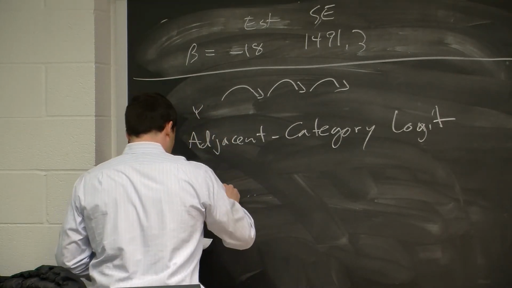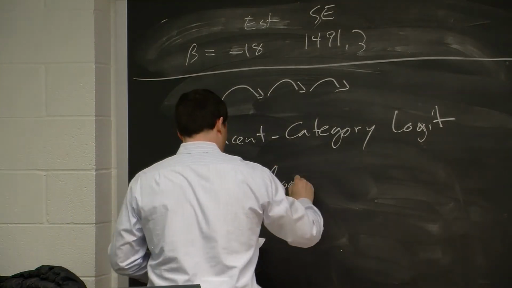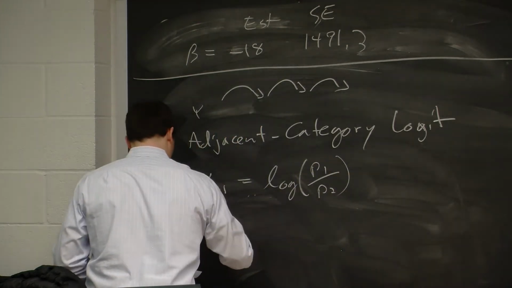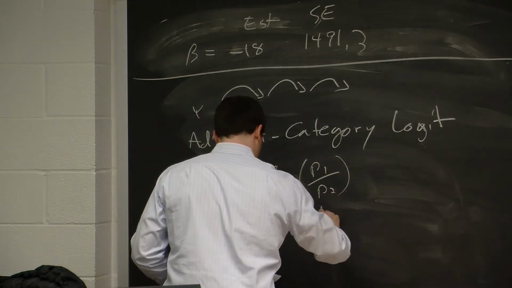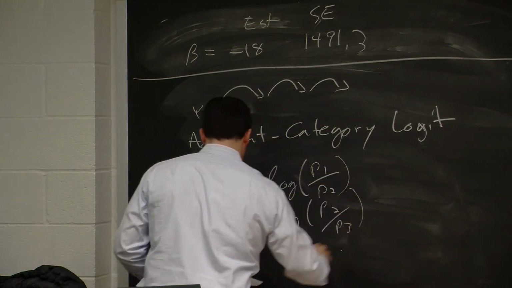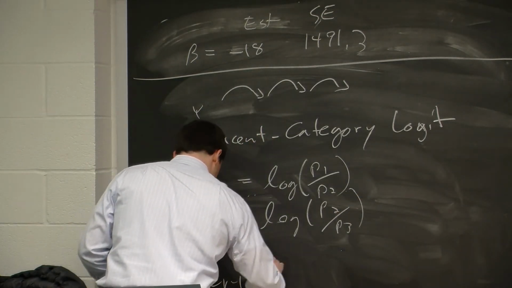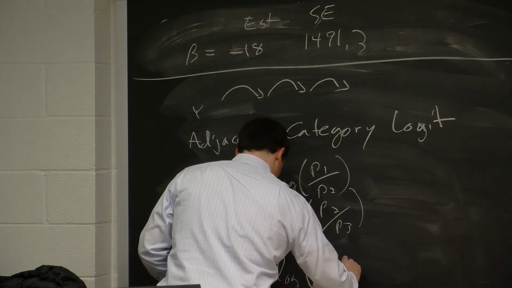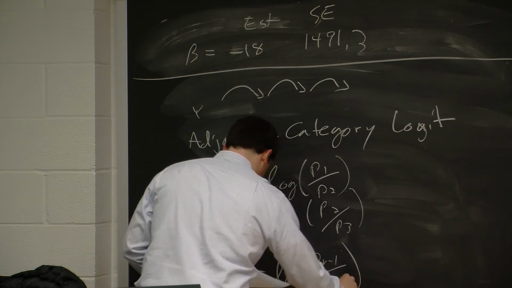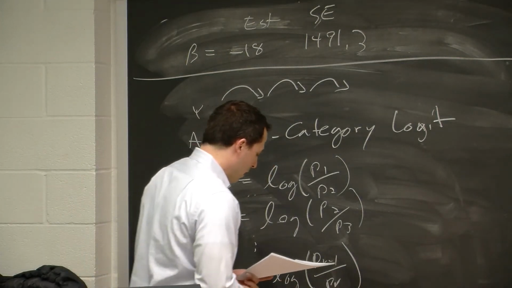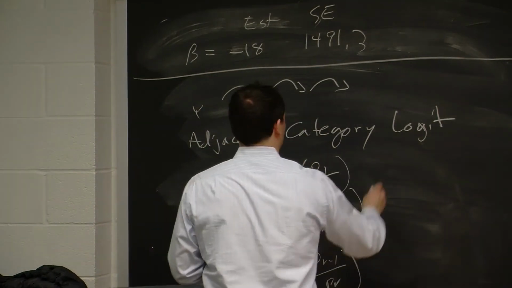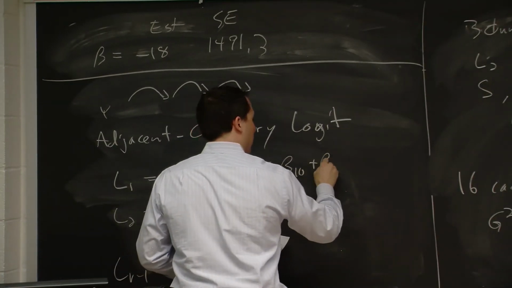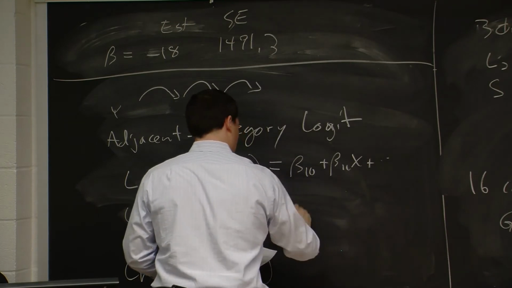So here we're saying that we have a bunch of logits like P1 versus P2, P2 versus P3, and finally P(R-1) versus PR. Each of those is equal to some coefficients, beta 1,0 plus beta 1,1 x1, and so on.